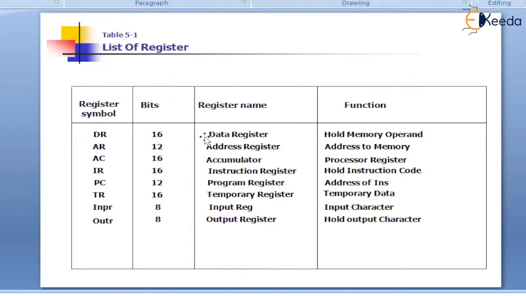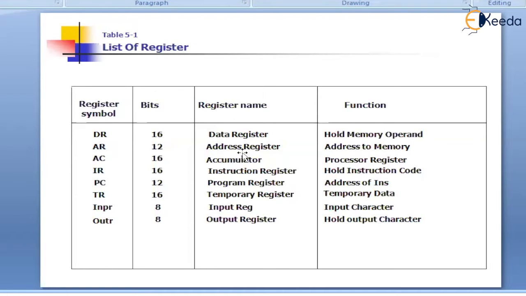The registers in the single accumulator organization are as follows. These are the registers you can see. There will be a program counter. Here it is written as instruction register.